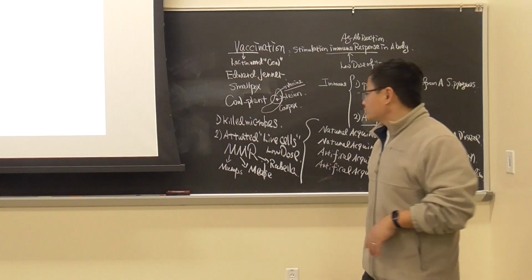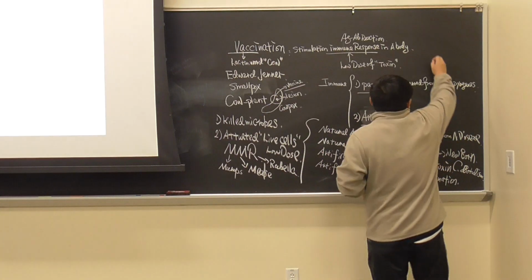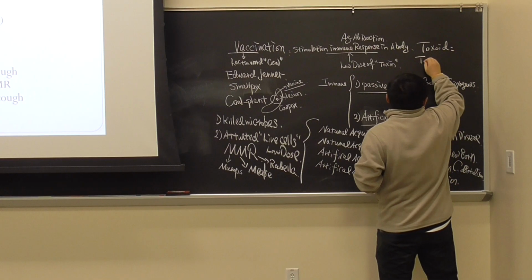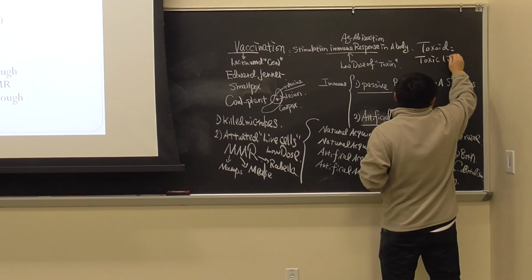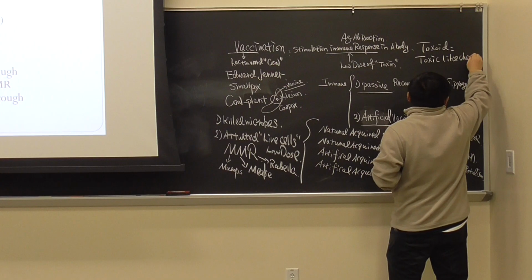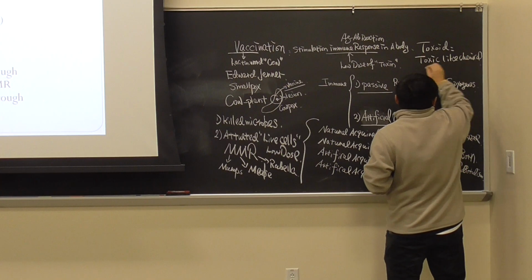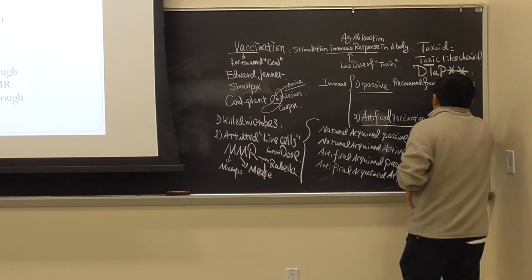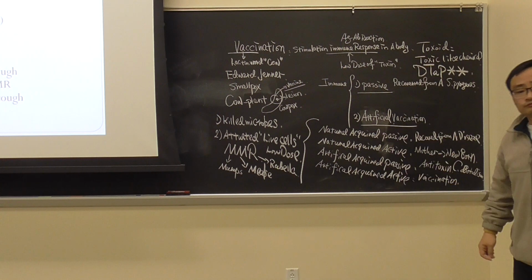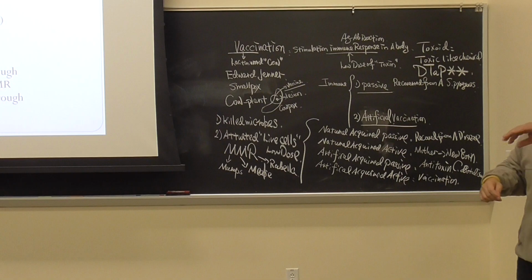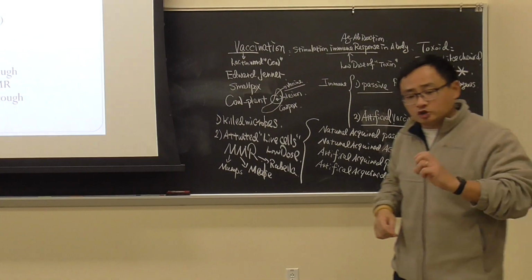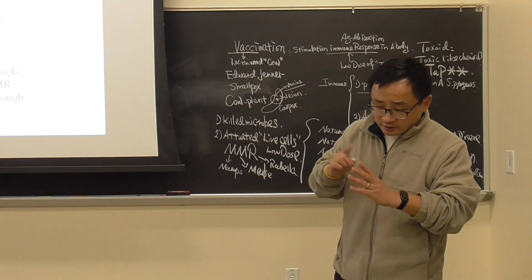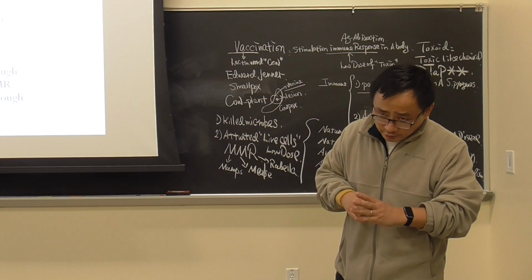So next one, toxoid. This is a guy we always talk about, toxic-like chemicals. What is the one? DTAP. You look at your immune record, you definitely have shots of DTAP. What are those three things? D is diphtheria, Corynebacterium diphtheriae.